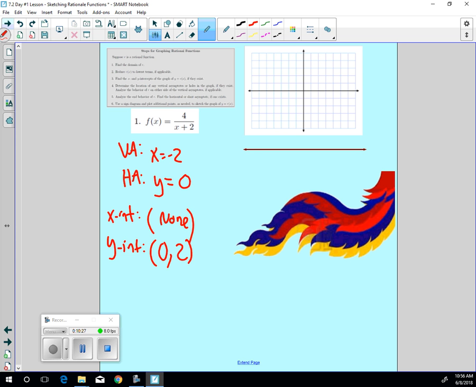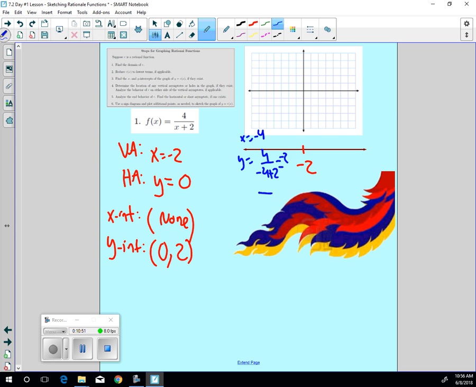Okay? And with the number line, we have a vertical asymptote at -2, and therefore we have 2 test intervals. I'm going to put one at x equal to -4, which is going to be y equal to 4 over -4 plus 2, which is 4 over -2, which is -2.